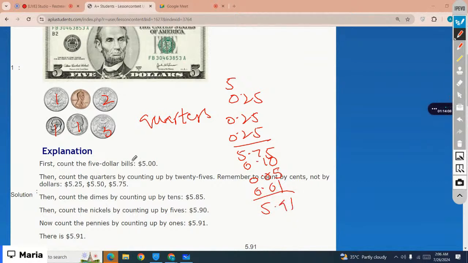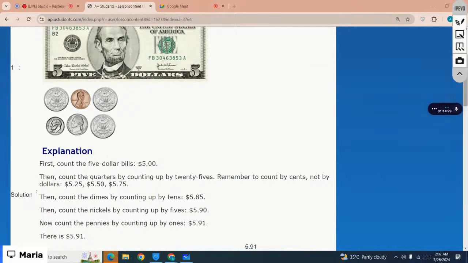Basically you need to find the value of every coin, calculate the value, and then add. We count the quarters by 25 cents, the dimes by 10 cents, the nickels by 5 cents, and the pennies by 1. So that is 5.91.